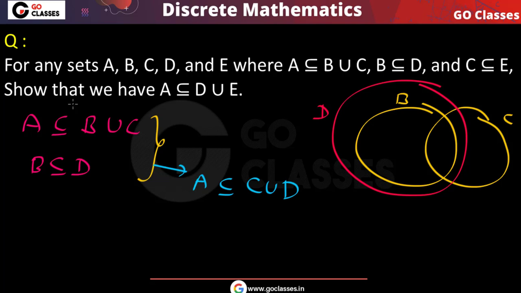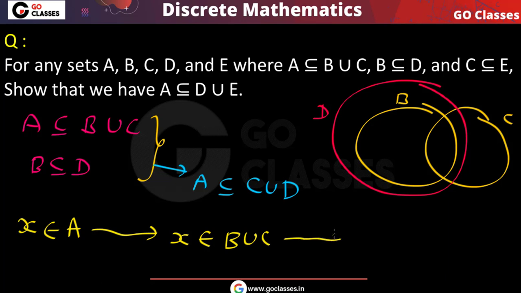Because the point is very simple. A is a subset of B union C, and B itself is a subset of D. So I can say that every element of A is already in B union C. If you take any element of A, then that element is already in B union C. And you can notice that every element of C is in C, and also every element of B is in D. So every element of B union C is also in D union C. So I can say that x also is in D union C. So this is the idea.